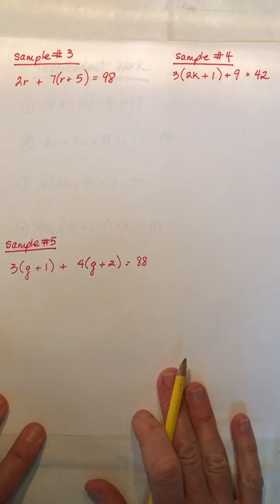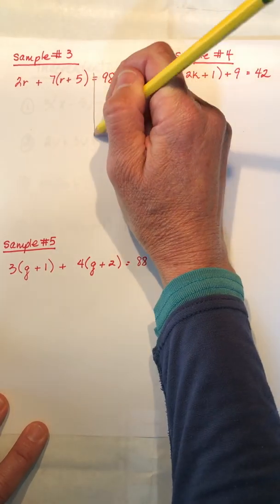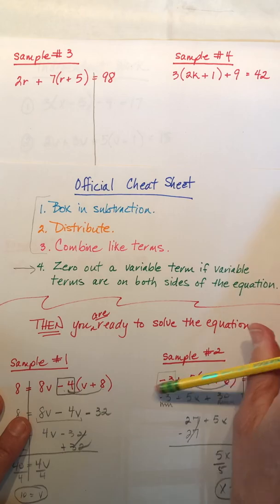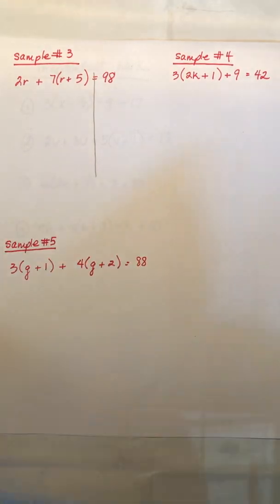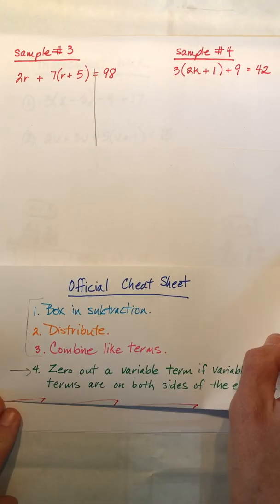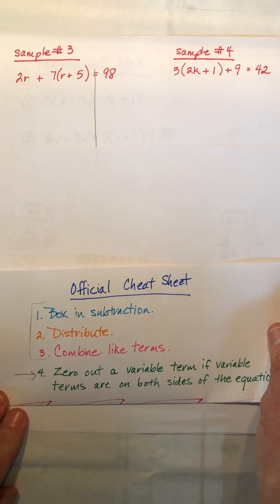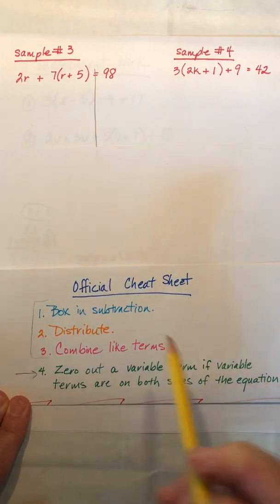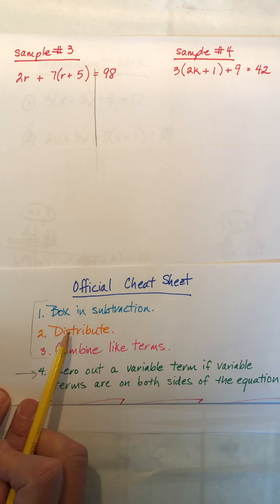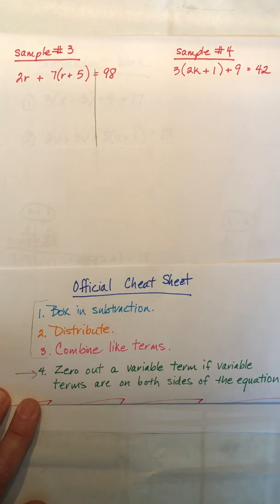Okay, first one here. And remember, we want to keep thinking about our official cheat sheet. Let me actually fold that up so we can be looking at that while we work. All right, so box in subtraction. Nope, we don't have any. Distribute. Yeah, how do I know there's distributing?